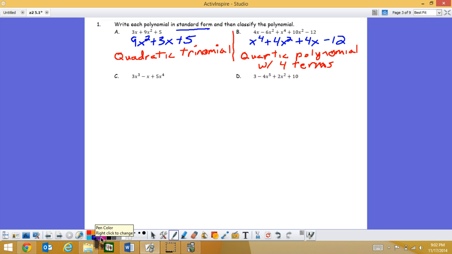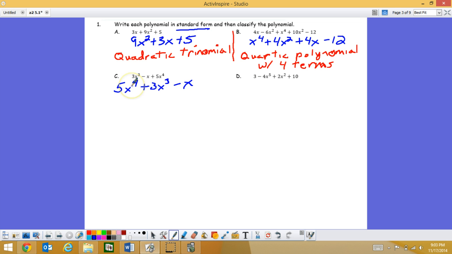In the next one, again, writing in standard form, our largest exponent is 4, so we're going to write that term first, 5x to the 4th. And then the next highest exponent is 3, so 3x cubed minus x. Now it is in standard form.